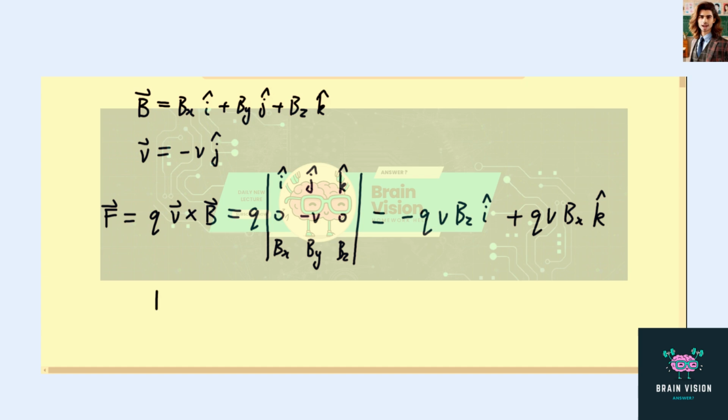So we know that Fx should be greater than or equal to 0, and Fz should be greater than or equal to 0, and Fy is already 0. So the sign of By doesn't matter.